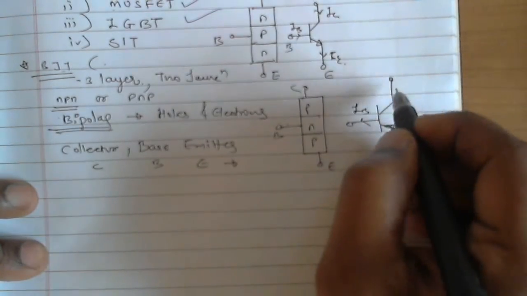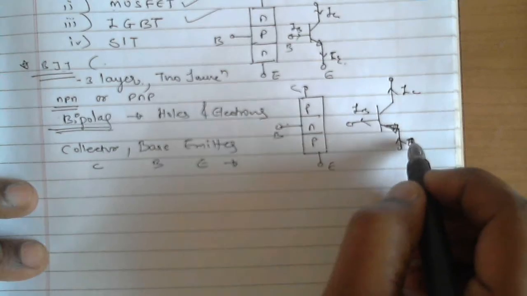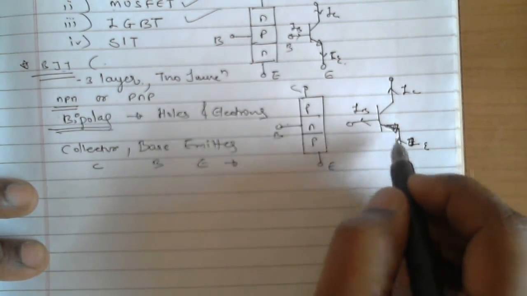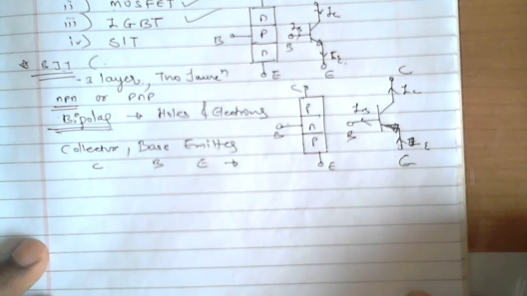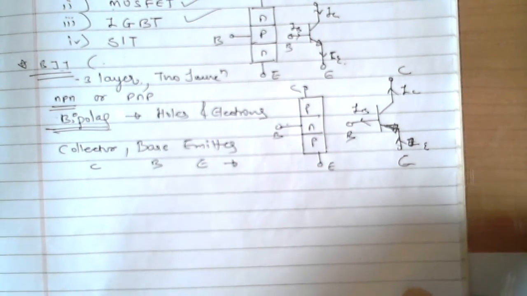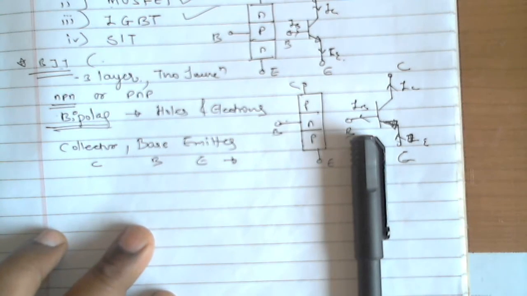IB like this, IC like this, IE like this, with the arrow going inside. This is the PNP transistor. Now we will see how it differs construction-wise from the actual transistor.